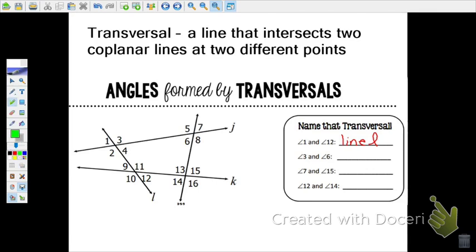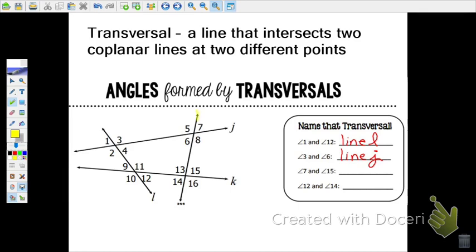So for angles 3 and 6, which line is needed to form those two angles? J. Line J is my transversal. So again, depending upon what part of the picture we're looking at, because when we look at angles formed by transversals, we're just looking at three of the lines. We have four lines in our picture.